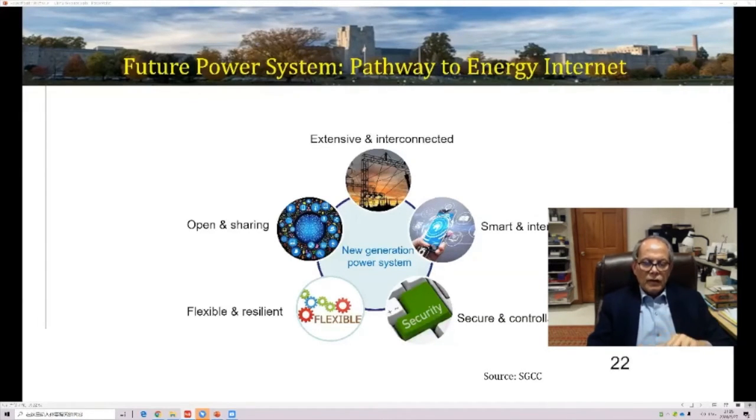Then on the top, extensive and interconnected. That means extensive because it has to connect the whole world. Every city, every village, anybody can buy from anybody else, and they must be all connected to the internet network to see what is available to buy and sell. Next, smart and interactive.